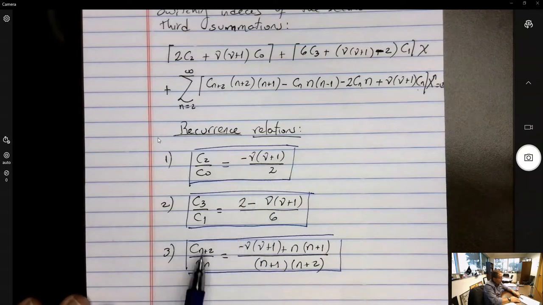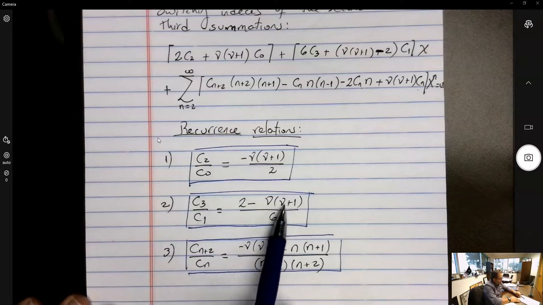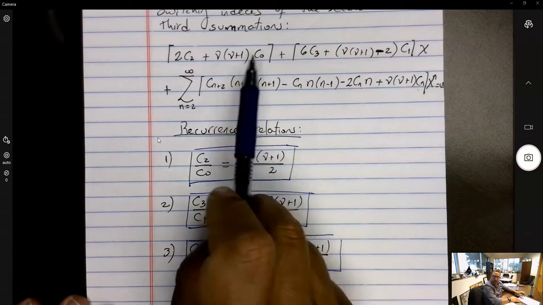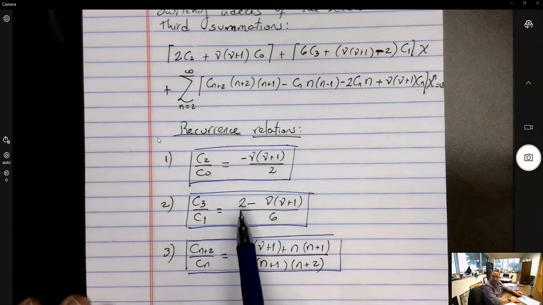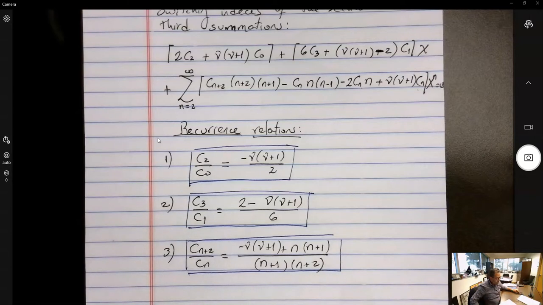At n equals 1, you get C3 over C1 of 1 times 2, which is 2, minus nu times (nu plus 1), which is this, and this is 3 times 2, which is 6. So there you go. These two initial recurrence relationships, which come directly out of these, are just a particularization of this general one for n equals 1 and n equals 0.